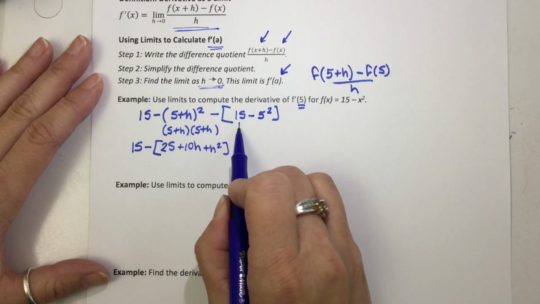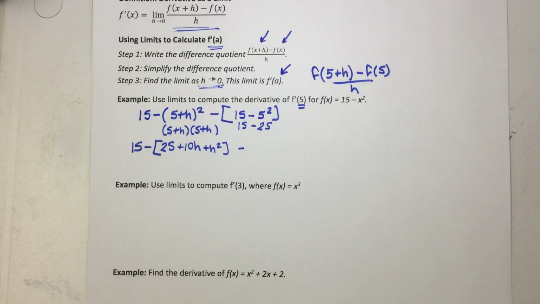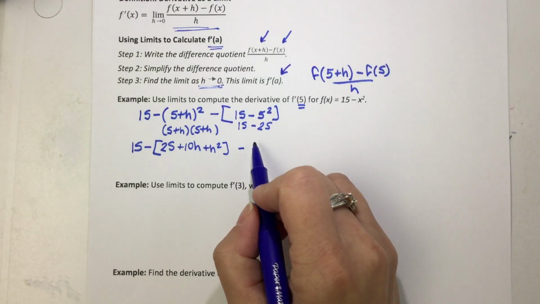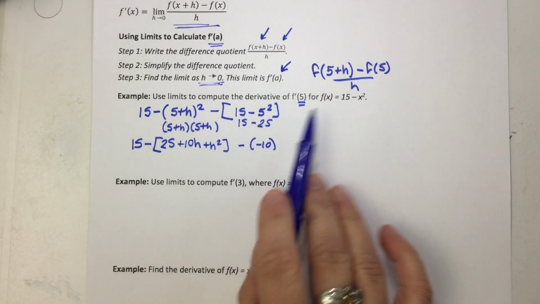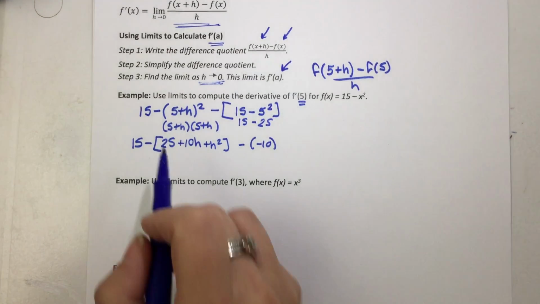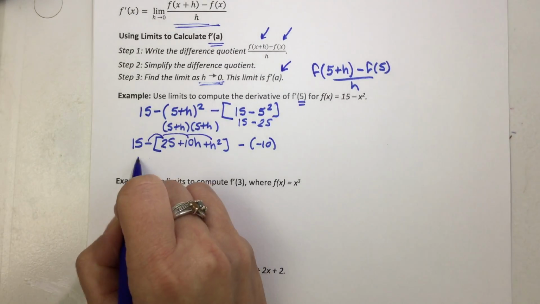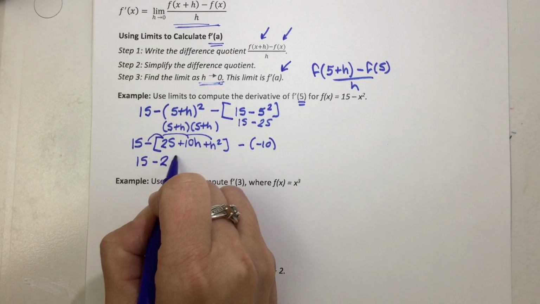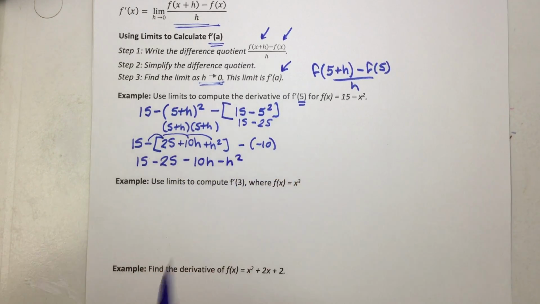Minus, now you guys check this out, 15 minus 25. If I take 15 minus 25, I get a negative 10. There are no h's here because I replaced the x with a value of 5, which is kind of cool. Let's keep going. This negative goes to everything. So it's 15 minus 25 minus 10h minus h squared.